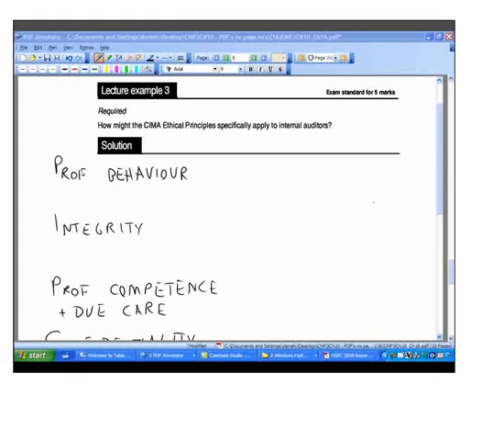The principle of professional behaviour requires, as with all accountants, but specifically relevant here, that they are courteous to all people who are being audited, that they aren't aggressive in their manner at all.